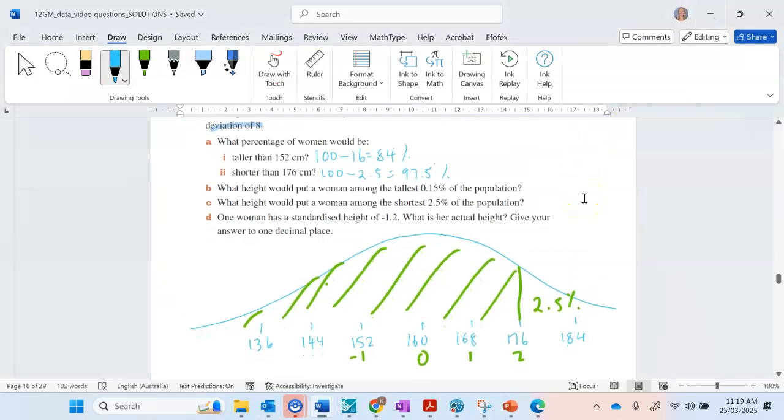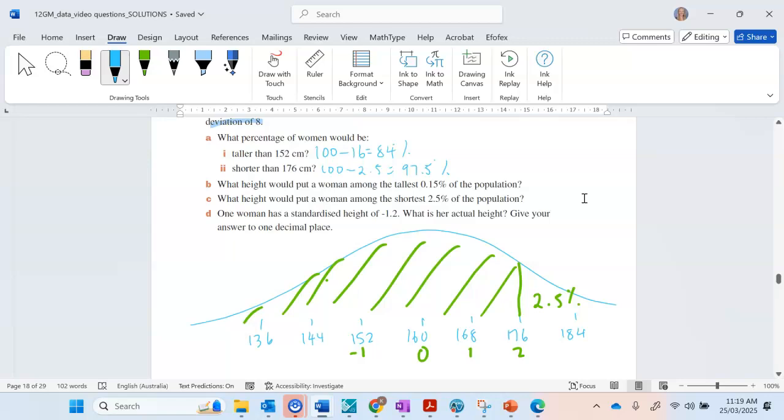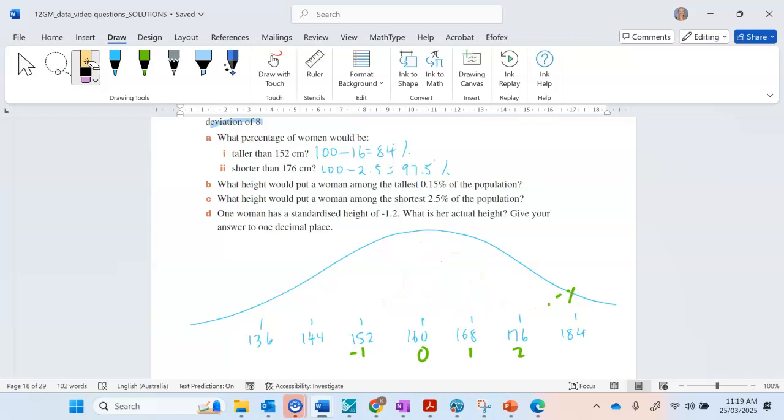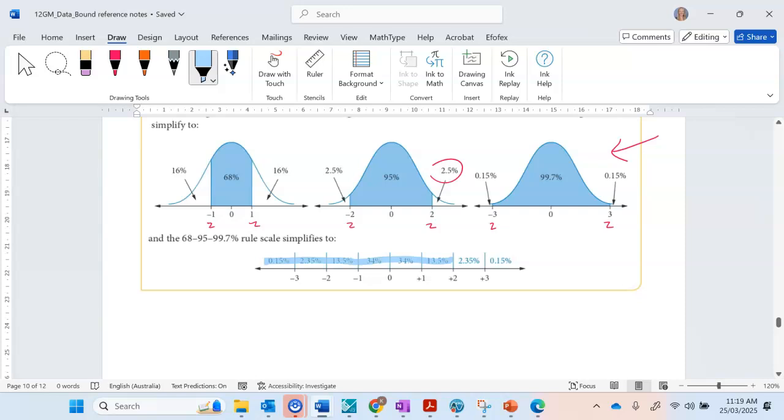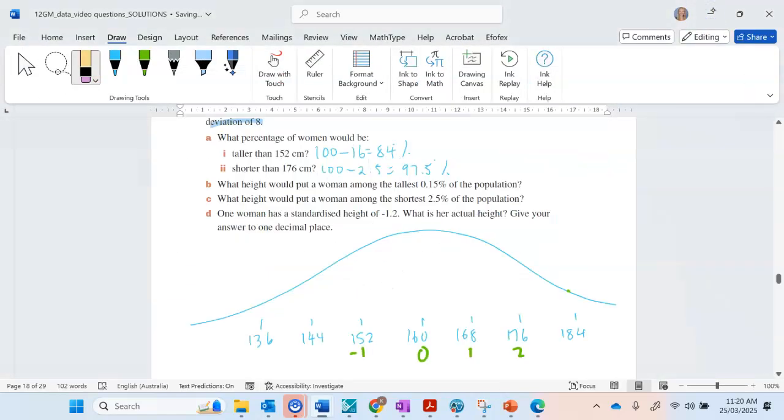What height would put a woman among the tallest 0.15% of the population? We need to again understand our percentages, so you should have this in front of you. 0.15% is 3 standard deviations above, so 184 centimeters.